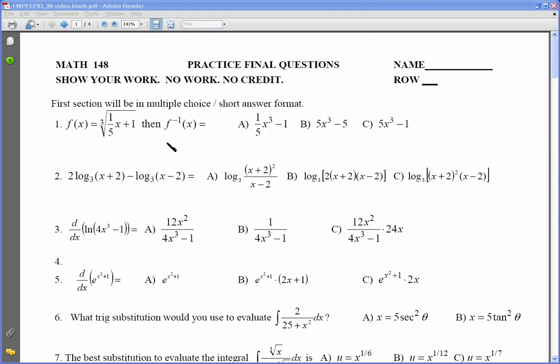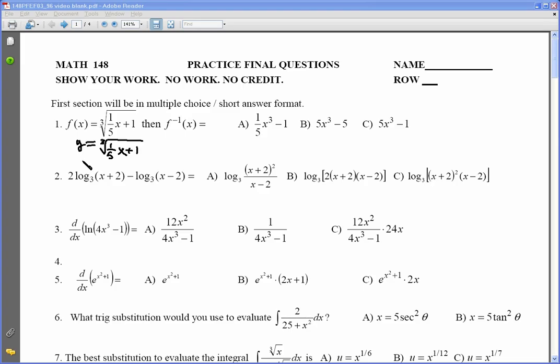So first of all, we've got a function, cube root of 1/5 x plus 1, and we want to find f inverse. So remember that the way that you do this is we set y equal to cube root of 1/5 x plus 1. Then you either want to switch x and y and solve for y, or solve for x and then switch x and y, either way.